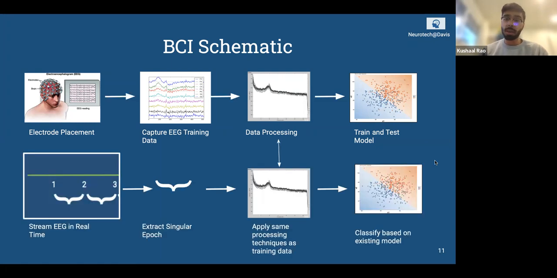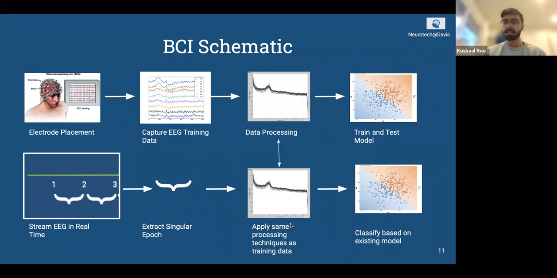Now let's tie this in with real-time processing. We have trained our BCI, we have the model, now we want it to work in real time. So as data is coming in, I'm streaming the EEG data and I extract singular epochs from the data that is coming in. For each epoch of data, I apply the same processing technique as I did to the training data.